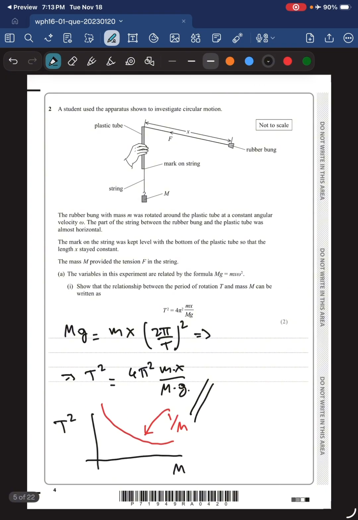Okay, here I plotted, wait a second, let me think of something. Yeah, that's right. If you plot t squared versus the mass M, you're going to find this graph. But if you plot t squared versus 1 over M, you should get a straight line.